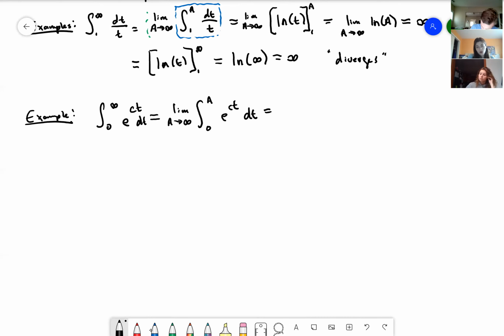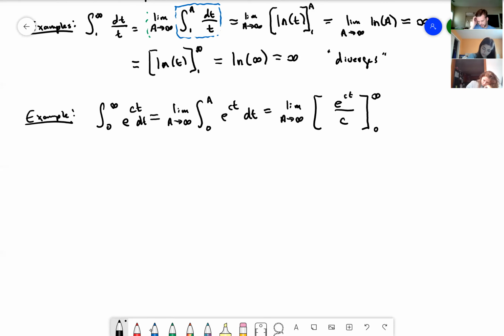Anyway, this is the limit as a goes to infinity of the antiderivative of e to the ct, which is 1 over c times e to the ct. We evaluate this at 0 and infinity.